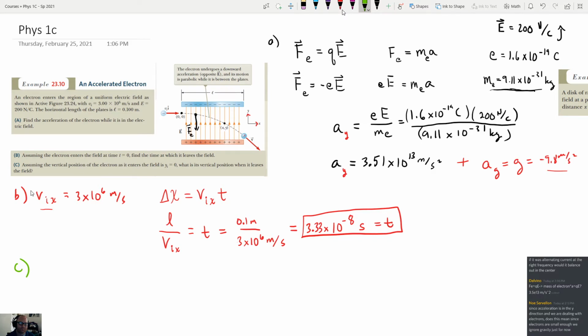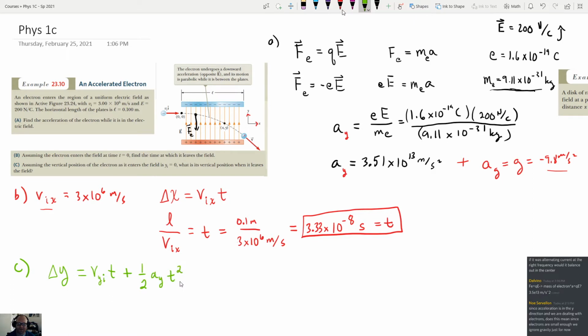We could use one of the kinematic equations of 2D kinematics. Yeah, like delta y equals v naught t plus 1/2 a t squared. Mm-hmm. That should work. We should have enough information to use that.